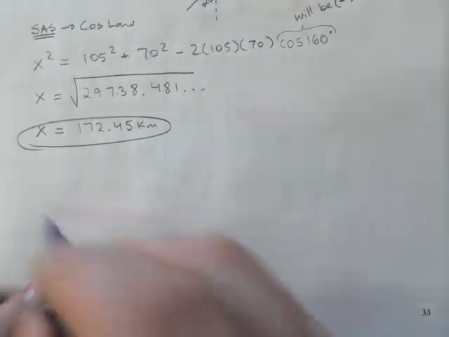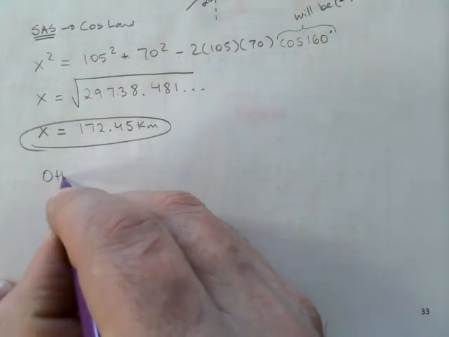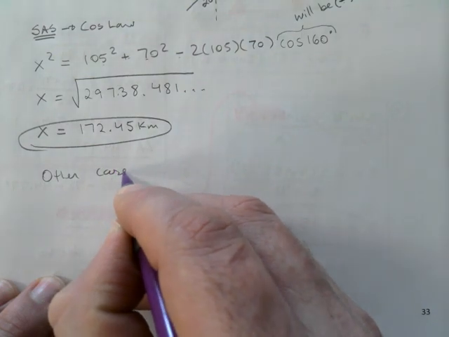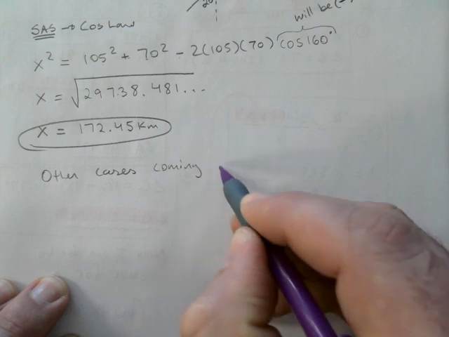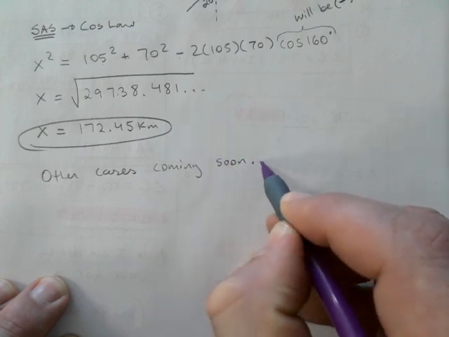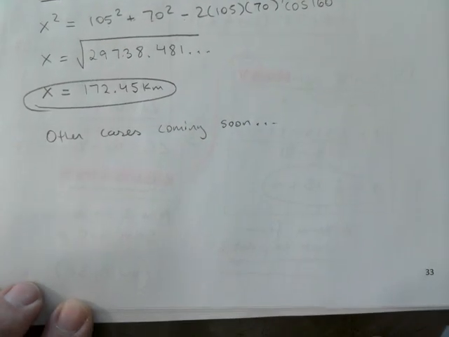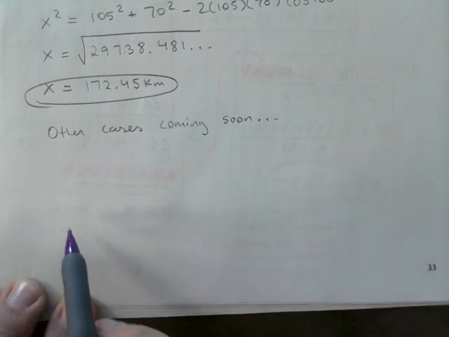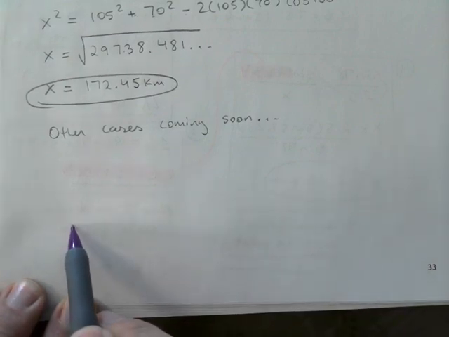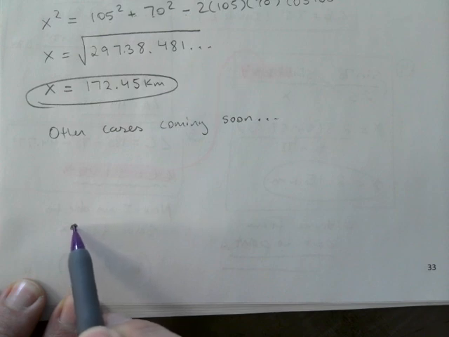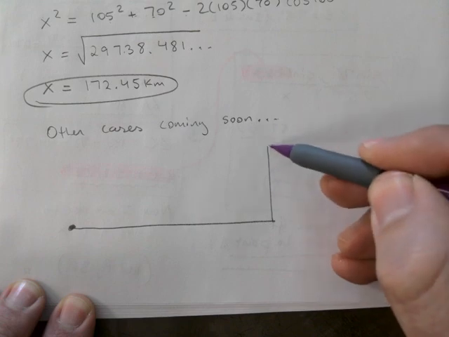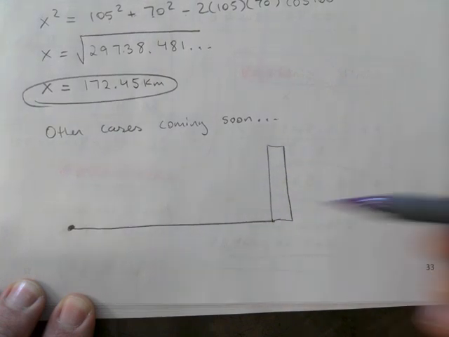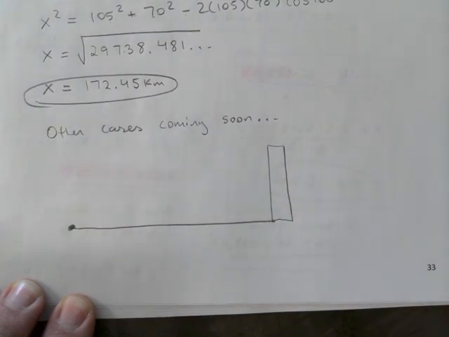However, other cases coming soon. It's like movies coming to the theater near you, right? I'm just going to give you one. Make a dot here, a straight line, and a tall building of some sort, or a cliff, or a mountain, you name it.